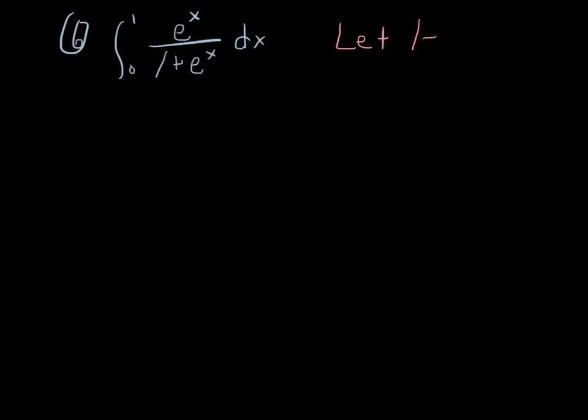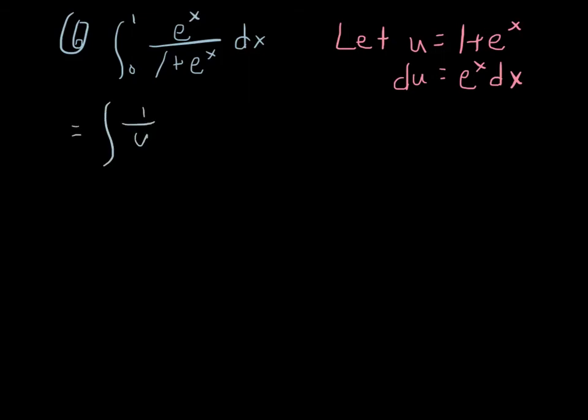So let's let u equal 1 plus e to the x. Then du would be e to the x dx. So notice that we've got du right here. Here's our e to the x dx. And we're left with 1 over u.